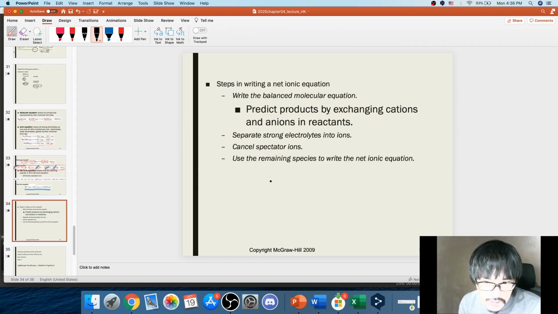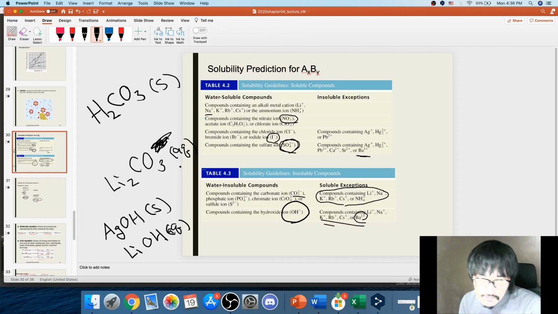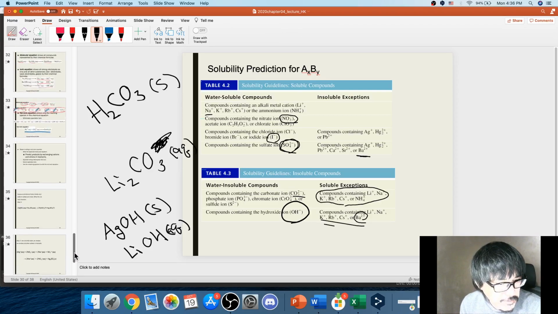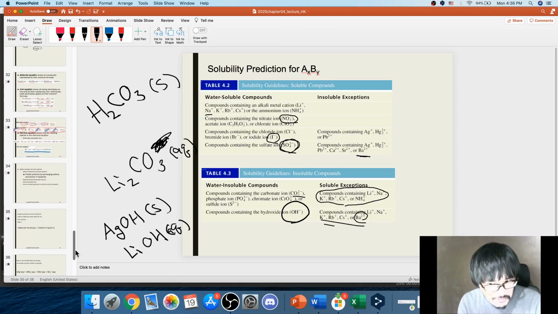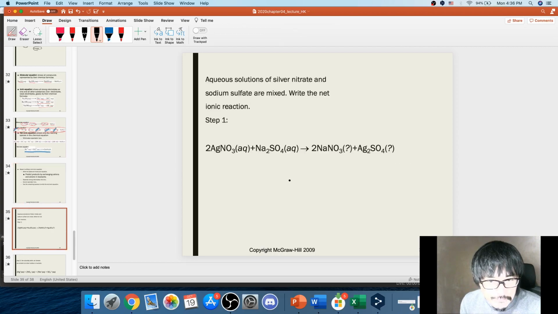So here are the procedures. It's the same stuff. You're going to have to use a table. I will give you the table for the midterm exam, so you don't have to memorize that one, but for the final exam you will have to remember it.